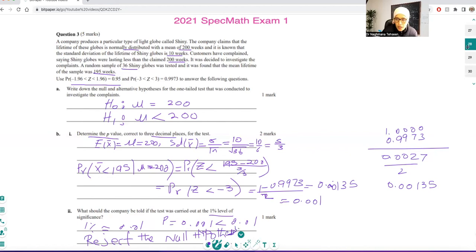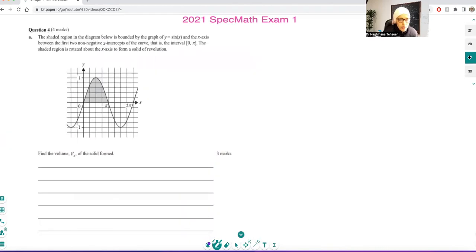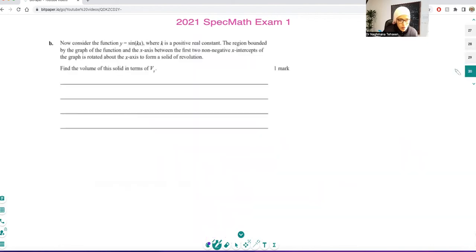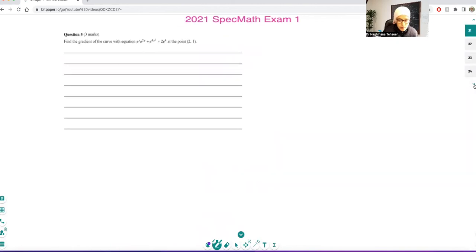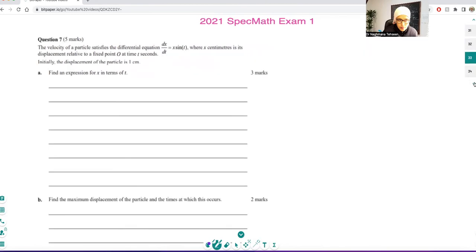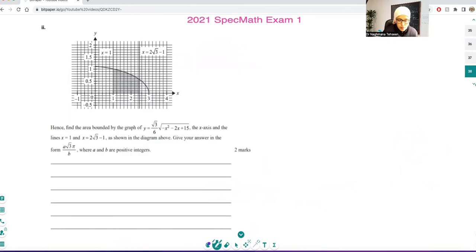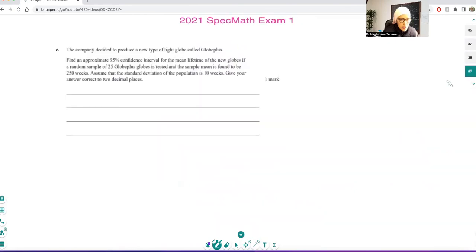Okay. Now that's good. Now we'll look at the next part of the question, which is 3C. The company decided to produce a new type of light globe called Globe Plus.